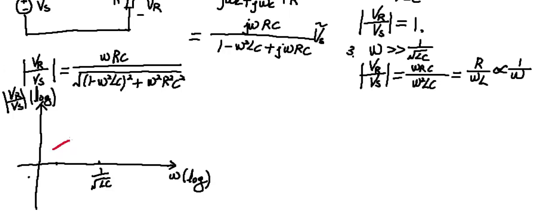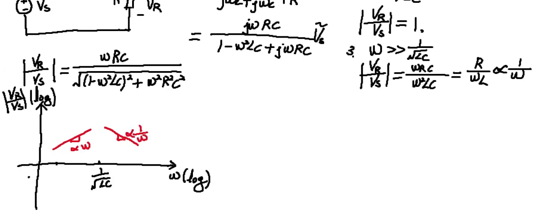It will be like this, and this is proportional to omega. When omega is much larger than the resonance frequency, we saw the output voltage is proportional to 1 over omega. Again, on a log scale, this is represented by a linear line. So this is 1 over omega.